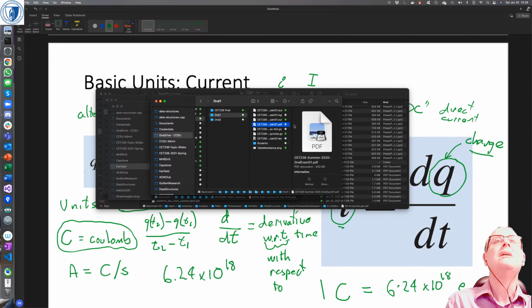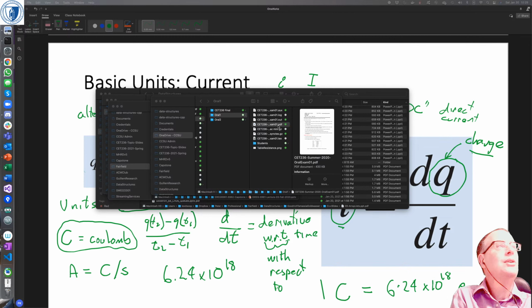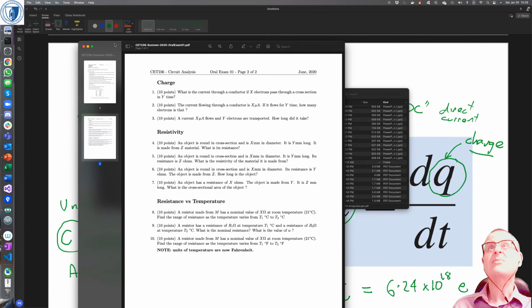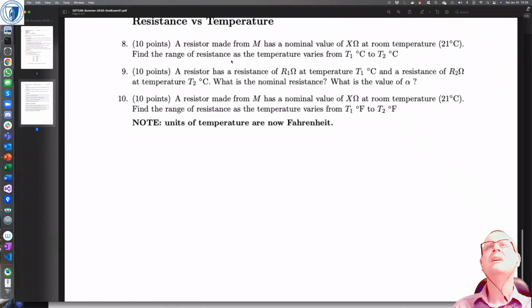Let's see if I can open that one up. One of the sorts of questions I'm going to be asking is going to ask you to do the conversion. Let me just make it a bit bigger so we can all read it.